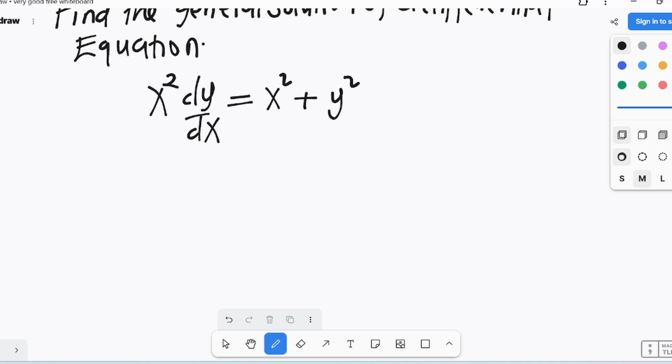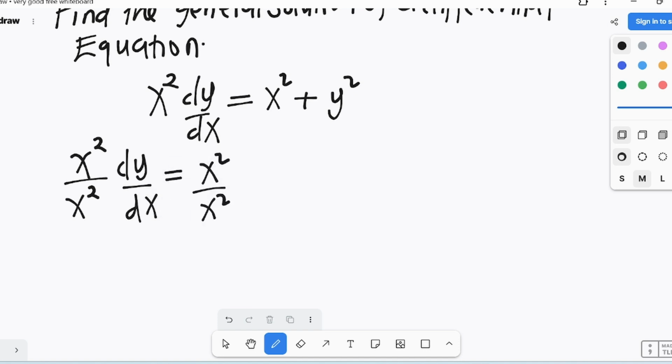So we begin by dividing throughout by x with the highest power. So we shall have x squared divided by x squared dy by dx is equal to x squared divided by x squared plus y squared out of x squared.